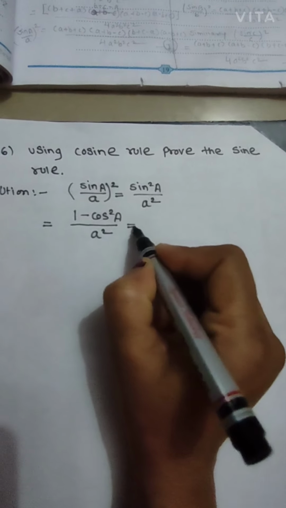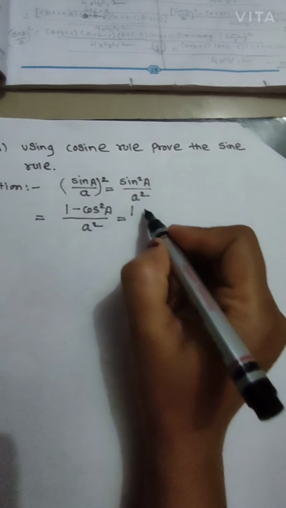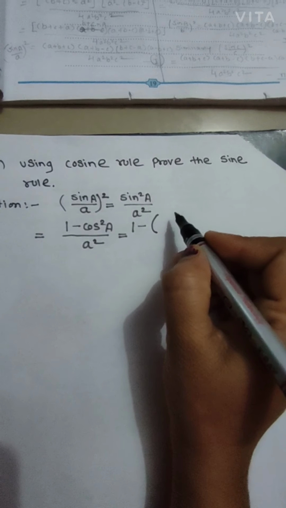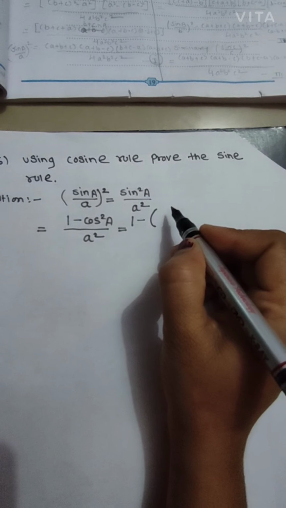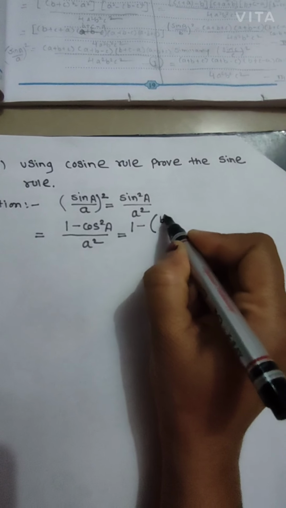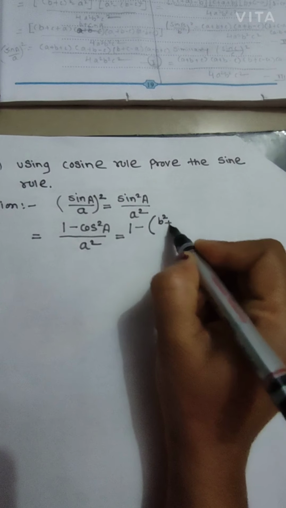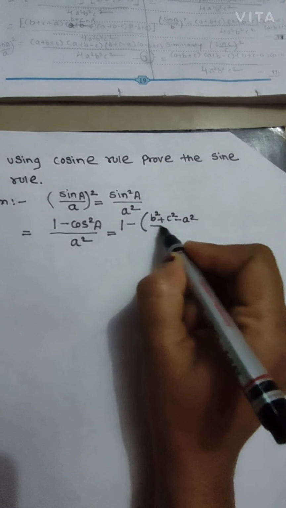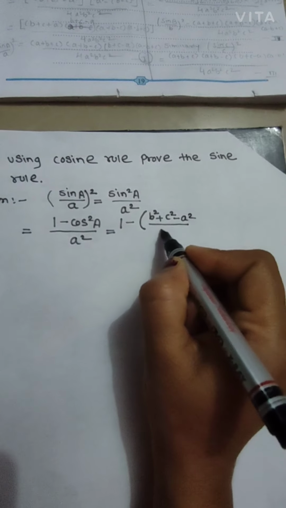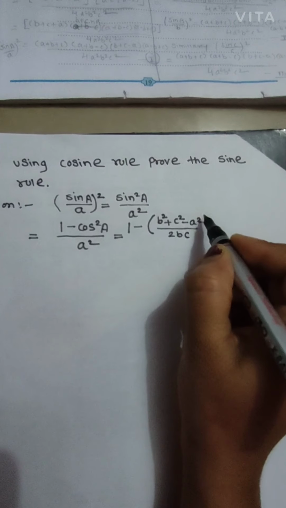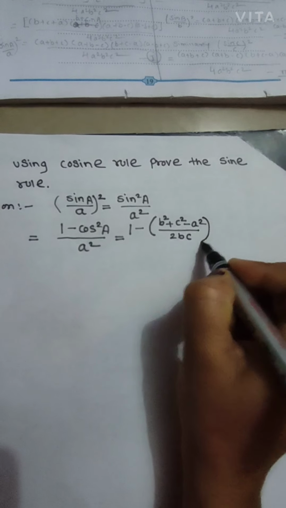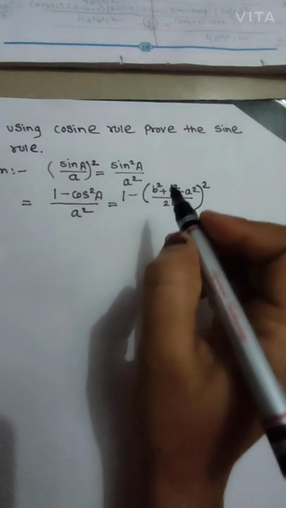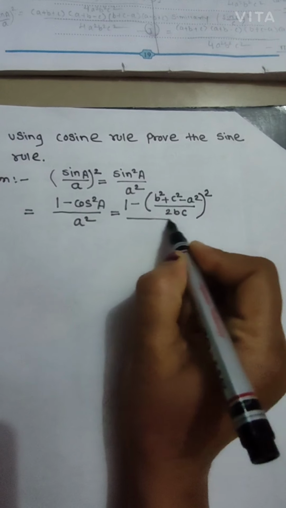Now let's see how to convert this. 1 minus, according to the cosine rule, if we have cos A, then we can write b square plus c square minus a square upon 2bc. But we have cos square A, so we should take the square of this bracket over a square.